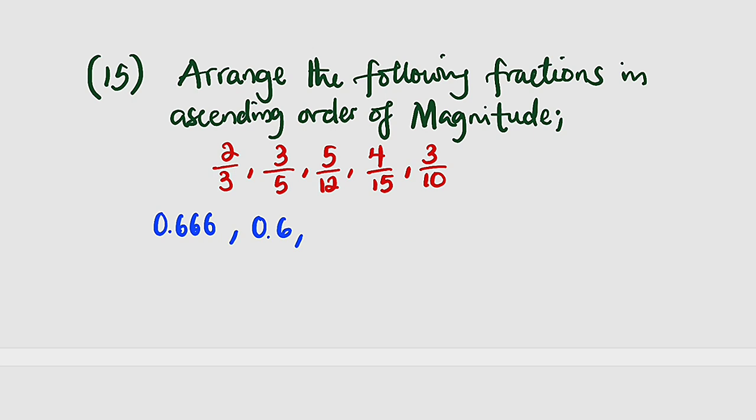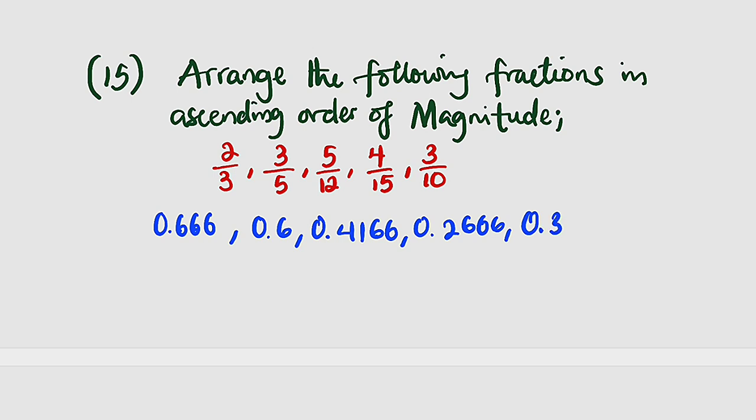And we have 5 divided by 12, which is 0.41666 and so on. And we have 4 divided by 15, which is 0.26666 and so on. And lastly, we have 3 divided by 10, which is 0.3.